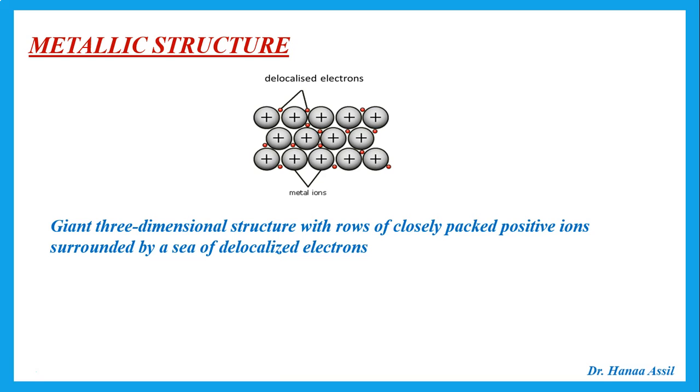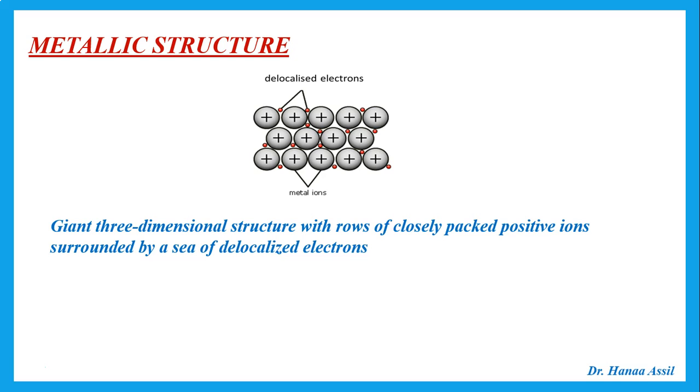delocalized electrons. This is because each atom in a metal has 1 or 2 or 3 electrons in its outer shell. It doesn't want it, so these outermost electrons are really a little bit far away from each atom. So now they are not atoms, they're positive ions, and the electrons in the outer shell are referred to as delocalized electrons because they can move around these rows of positive ions.